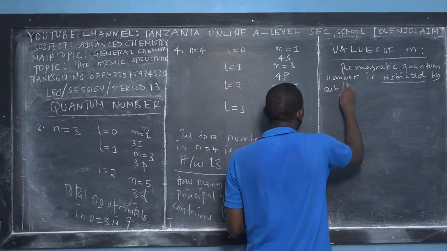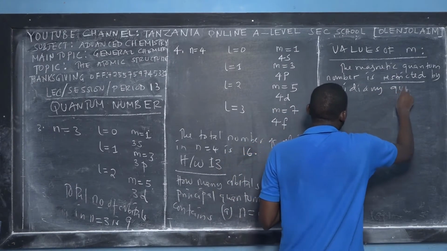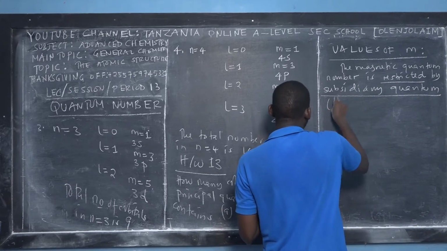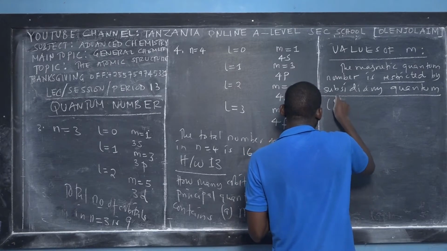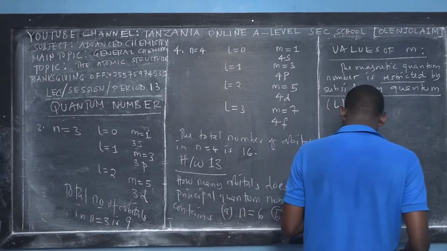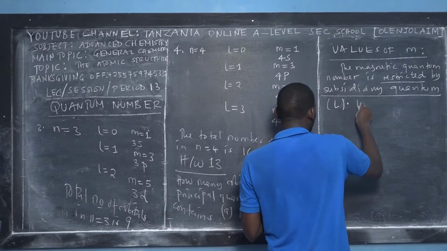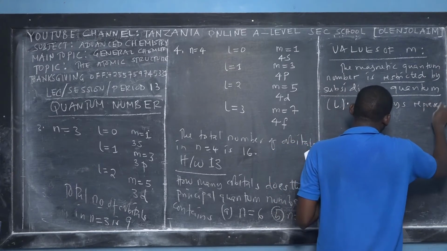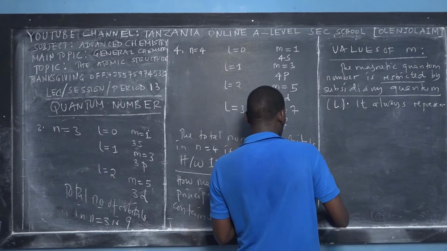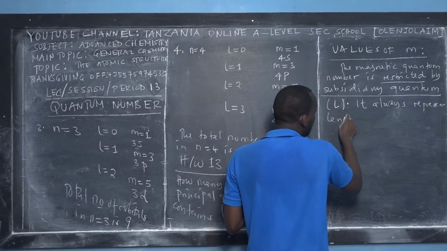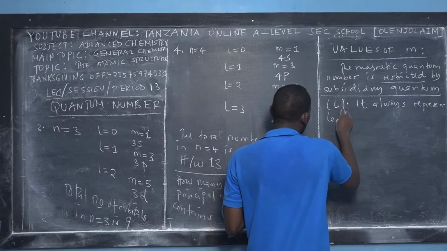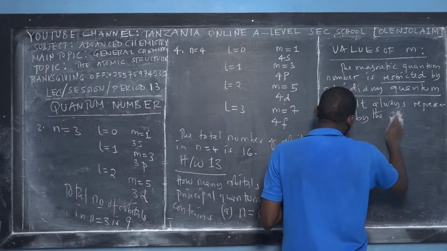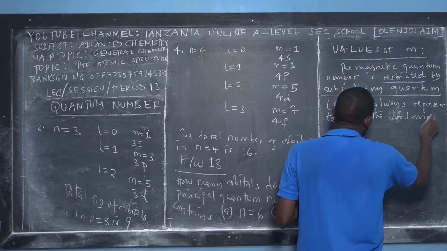It means it depends on the subsidiary quantum number L. It is always represented by the following values.